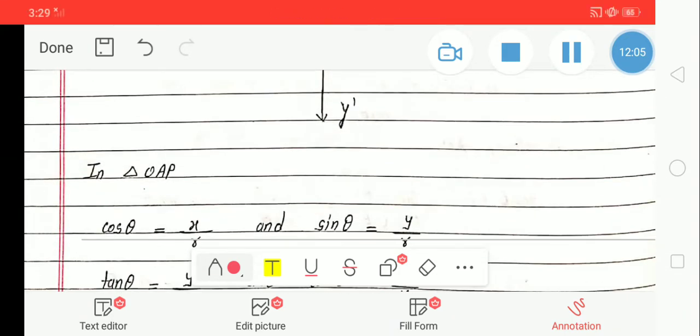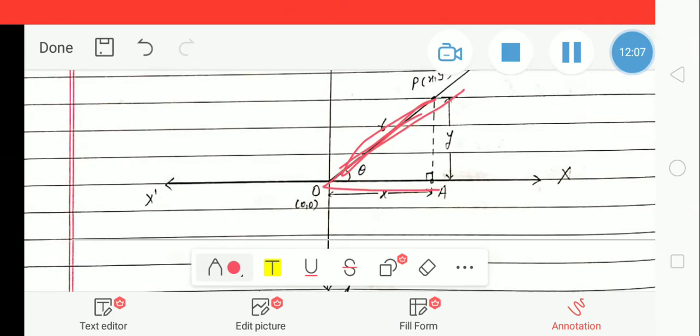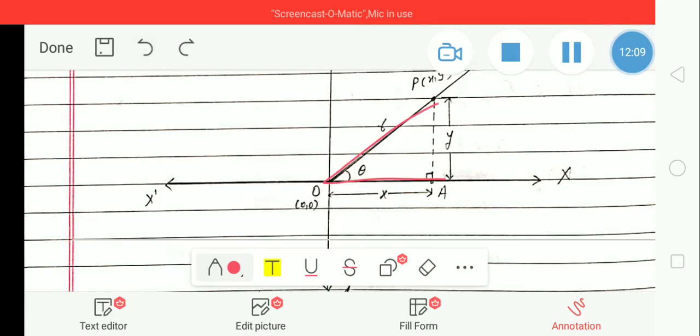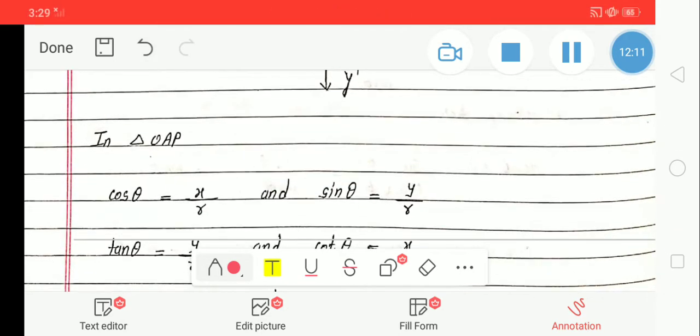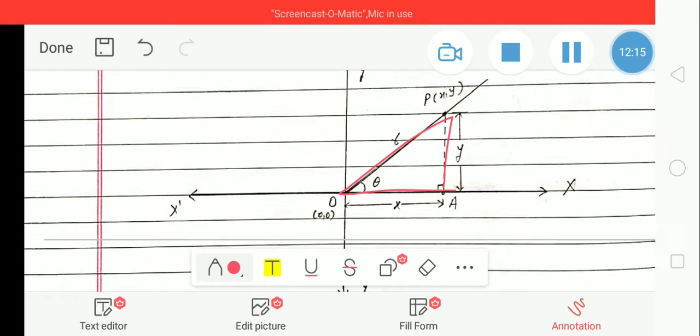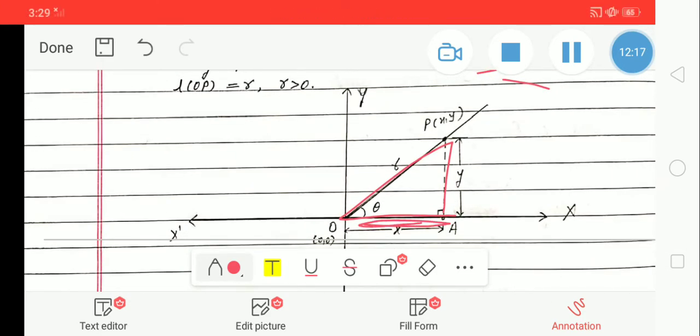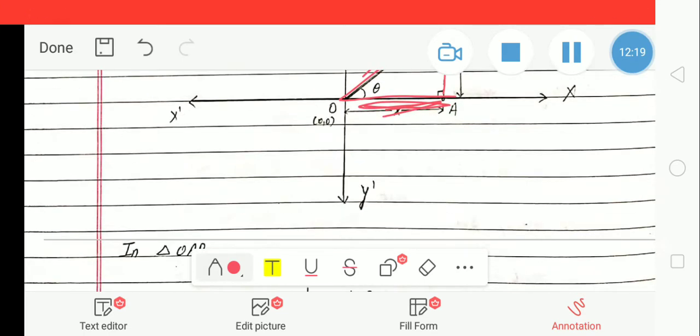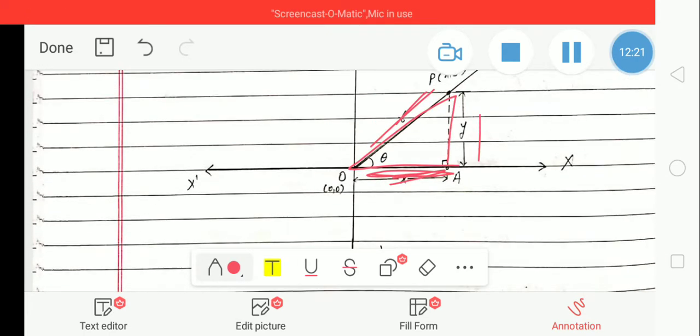Now in triangle AOP, cos theta is equal to x divided by r, adjacent upon hypotenuse, and sin theta is opposite upon hypotenuse, tan is opposite upon adjacent.